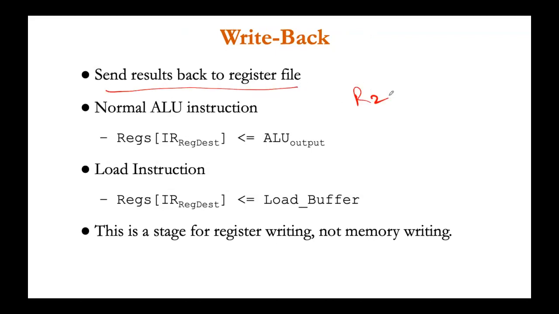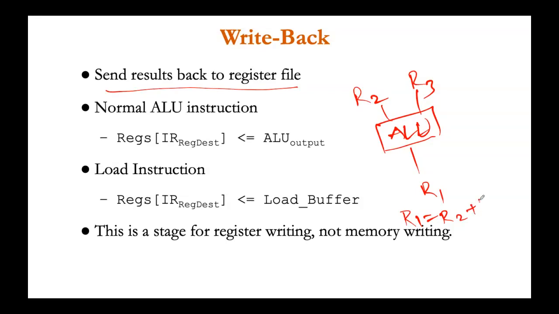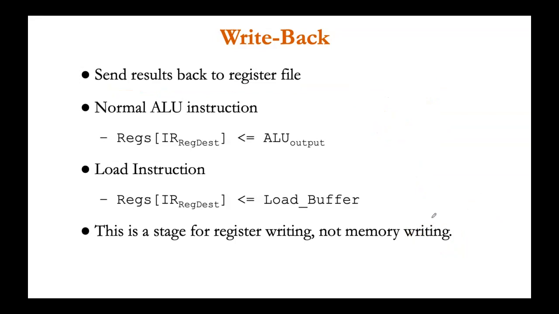As we see, the R2 value and R3 value will be given to your ALU, and the result is stored in your R1, for executing an arithmetic operation like R1 equals R2 plus R3. Whatever result there is, that is going to be stored in R1, that is, written back to the register file. Sometimes we may write R15 equals R2 plus R3, so the result is stored in the R15 register.